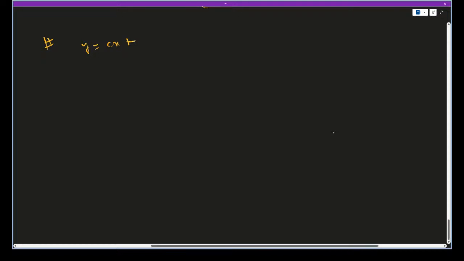Cx plus two c square plus c cube. Oh no, this I change. This is very big. I should not take this big question now. Comparatively shorter sums I have to find.